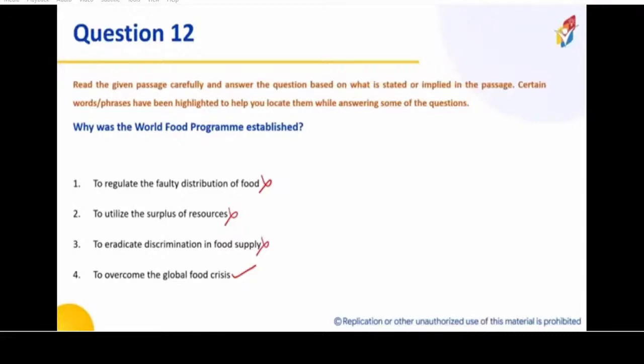So the learning from this is, do not read the entire passage in one go. As you read, after you've completed 100 to 150 to 200 words, it helps you to come to the questions and see whatever you can answer based on what you've read so far, because those thoughts are still fresh in your memory.